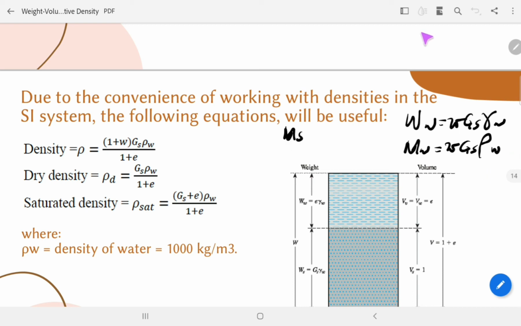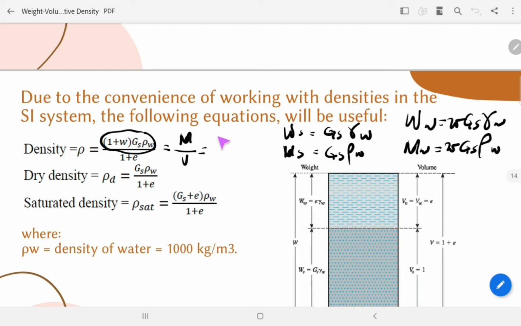Same with the weight of the soil solid, that is GS gamma water. Therefore, the mass of the soil solid is GS rho water. So again, this is mass over volume. Mass of the soil plus mass of the water over 1 plus E, right?